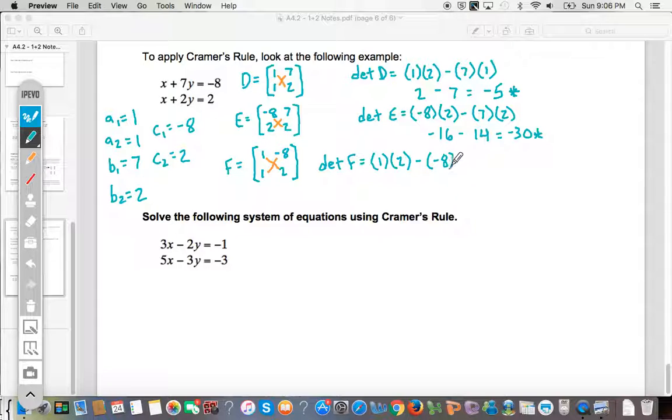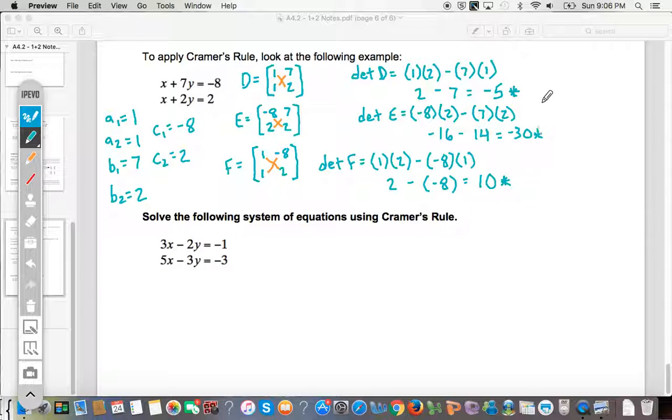Again, everything in parentheses. So I have 2 minus negative 8 times 1 is negative 8. So 2 minus negative 8, that's the same thing as 2 plus 8. So that equals 10. So I'll star that as well. So now I have all three determinants.